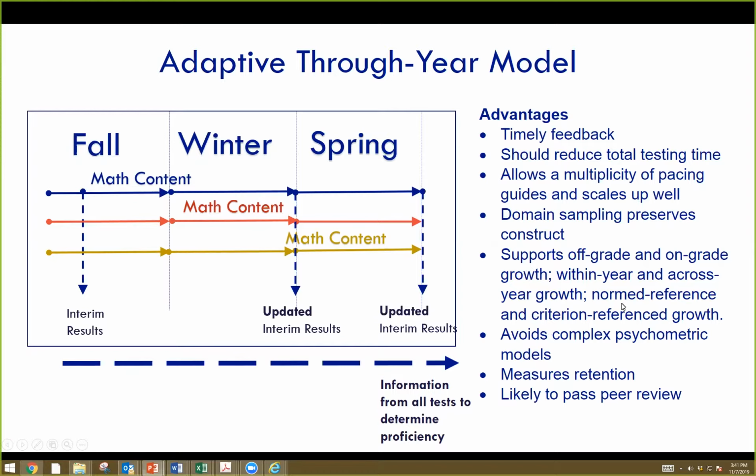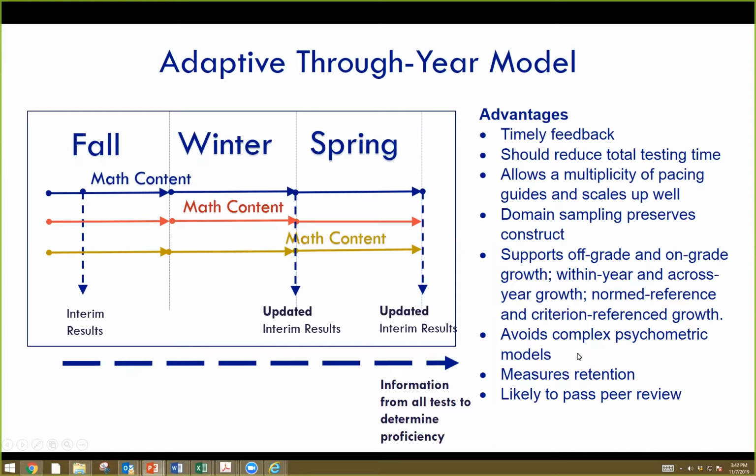It is both norm referenced and criterion referenced in us determining proficiency, but also we'll get norm reference information where we'll be able to compare how our students did with students from across the nation. So we'll still get that norm referenced piece of information that's important. This one's kind of funny because it says avoids complex psychometric models.